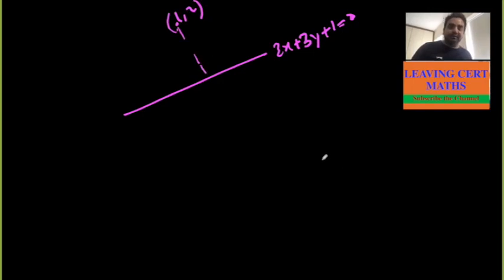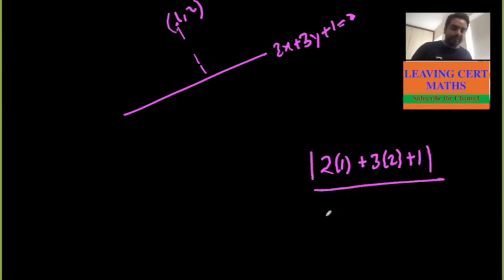I will put 2 multiplied by 1, plus 3 multiplied by 2, plus 1, modulus of this, over the square root of 2 square plus 3 square. The modulus of the numerator is positive, and the square root is always positive, so I don't need modulus there. This is it.